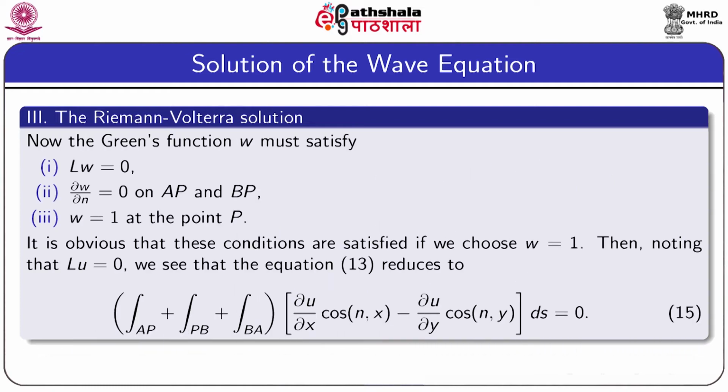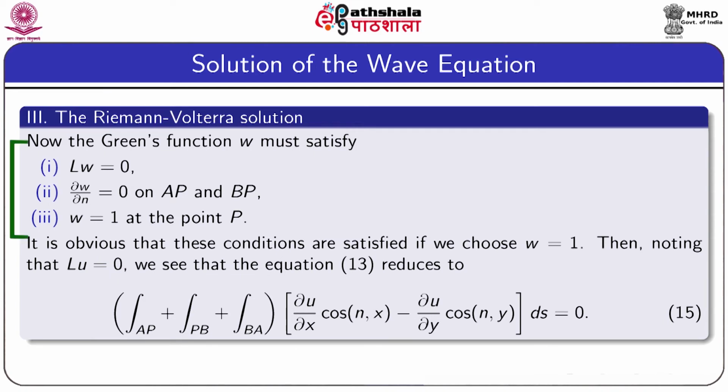Now, the Green's function w must satisfy some conditions which are written here. The w must satisfy Lw = 0 and del w/del n = 0 on AP and BP.